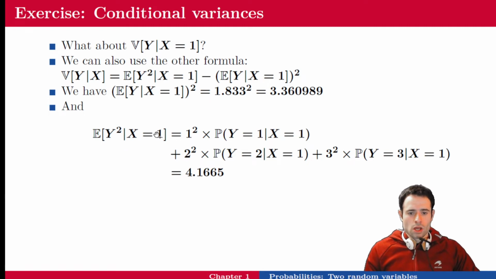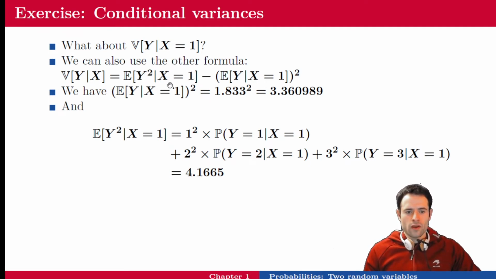So I look at all the conditional probabilities where this condition appears, and every time I multiply my y by itself. So I take the square. So 1 squared, 2 squared, 3 squared. The condition inside is always the same. And I get this number for the first term in the variance.